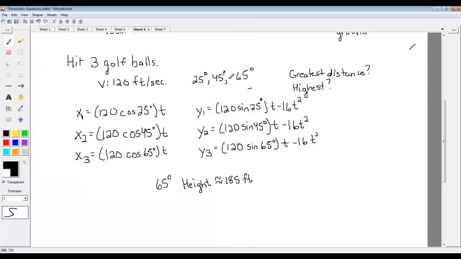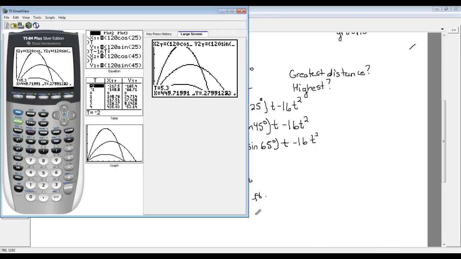You can say about 450 feet is the greatest distance. And that was for golf ball 2, the one that was hit at 45 degrees. So if we want the distance, you hit 45 degrees. If you want height, you go 65 degrees at 120 feet per second. We just used the calculator to do that. We graphed them, and then we used the trace feature to let it tell us what the coordinates were, and we could get at least an approximation that way.